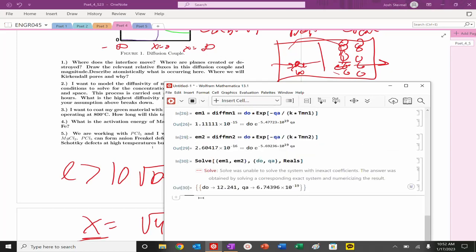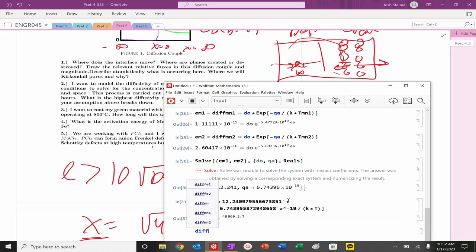So my diff Mn is equal to my D naught times exponential of minus that activation energy divided by k times T. And if I want my diff Mn at T goes to, that's 800 C, but I need to do 800 plus 273.